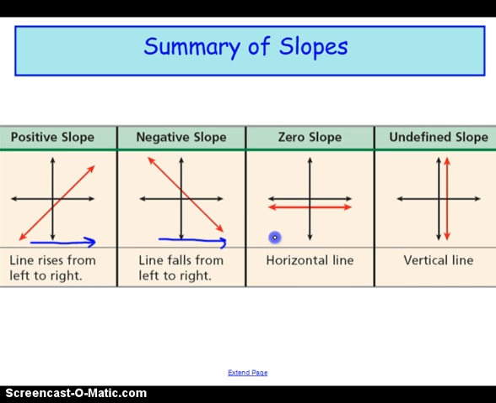And so the second line we looked at did that. Its slope ended up being negative a third because it went down. Whenever you have a horizontal line, you're going to have a 0 slope, which we just saw. And whenever you have a vertical line, you're going to have an undefined slope. You want to know these 4 things and be able to always say the slope based on the picture. So make sure you have all of this in your notes, and we're done.